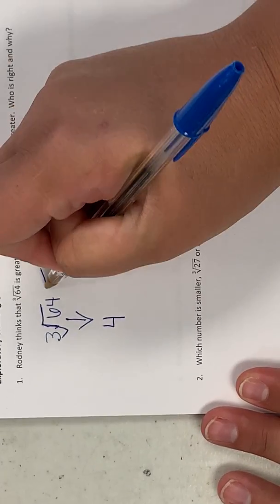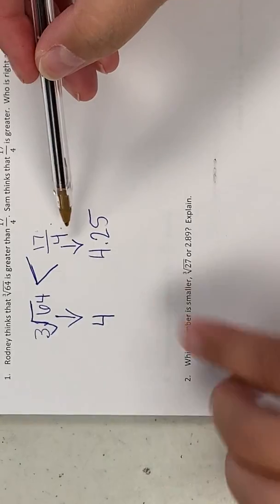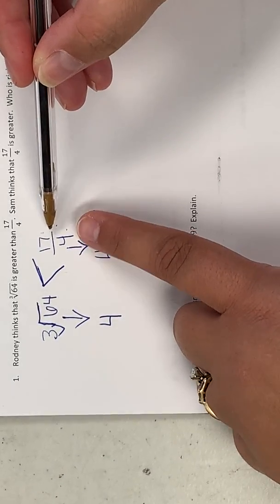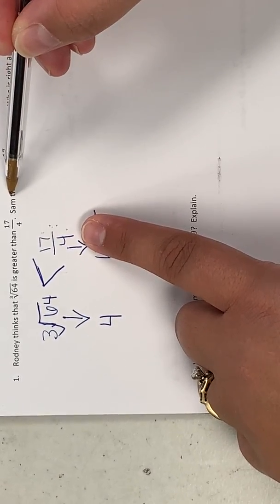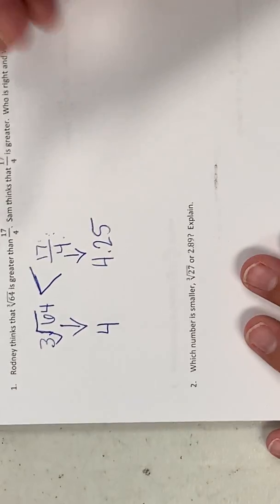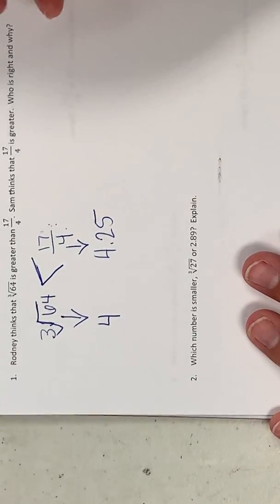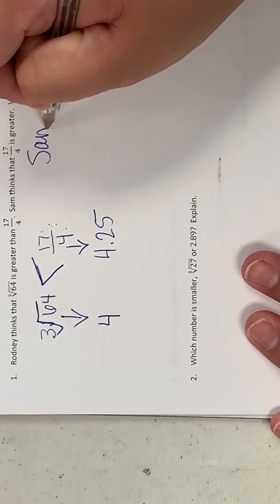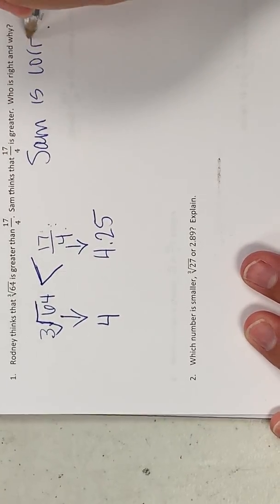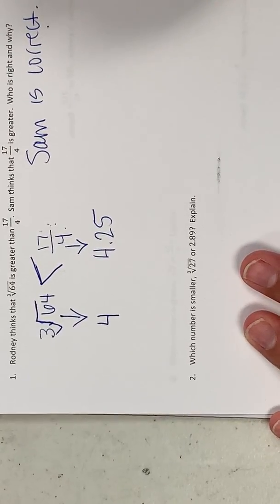4.25. Notice that I'm putting my greater than, less than symbol. It is going to eat the fraction because that was what was original in the problem. So, who is right? Sam is correct. Why?